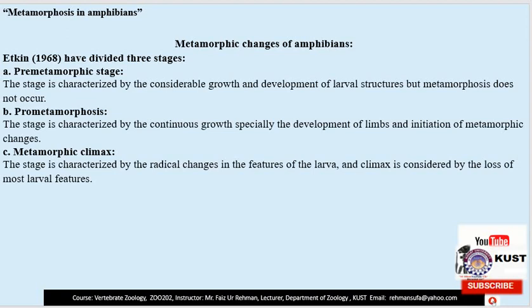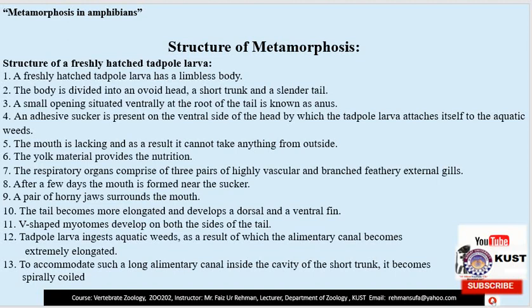Gills are replaced by lungs, herbivores change into carnivorous, the nictitating membrane that is absent in the larval stage is present in the adult stage, ammonia changes into urea, thin skin changes into thick skin, and mucus glands appear during metamorphic climax.